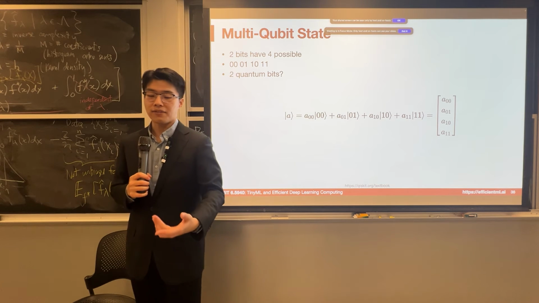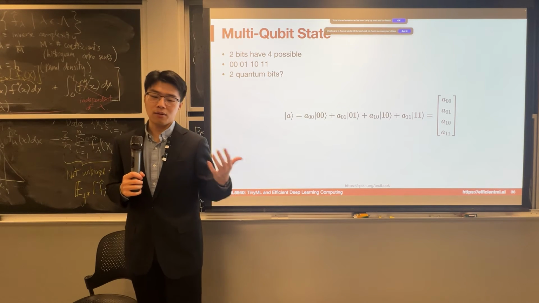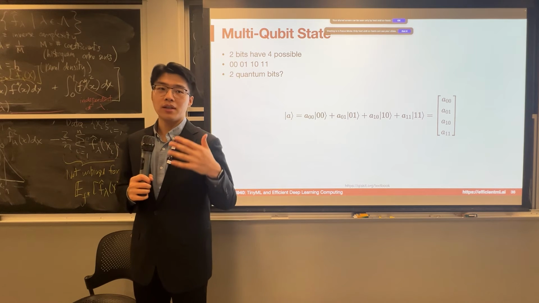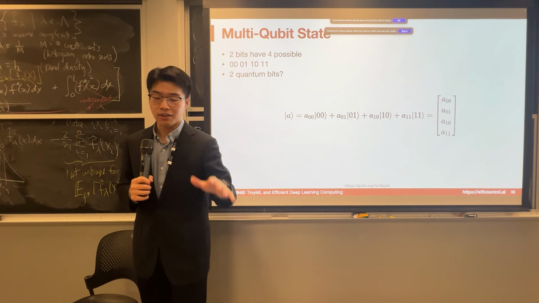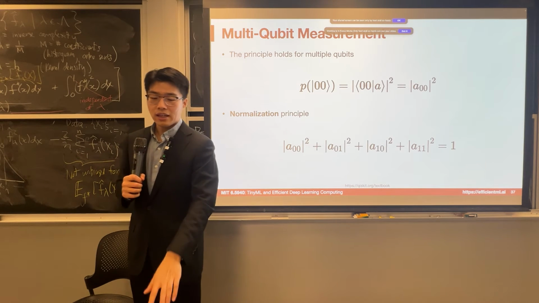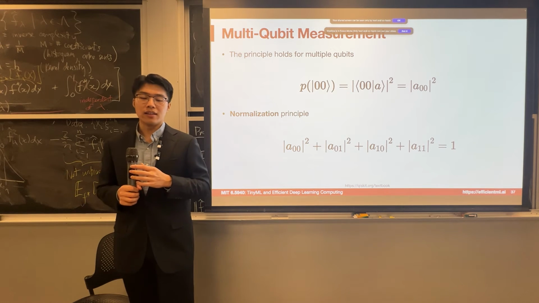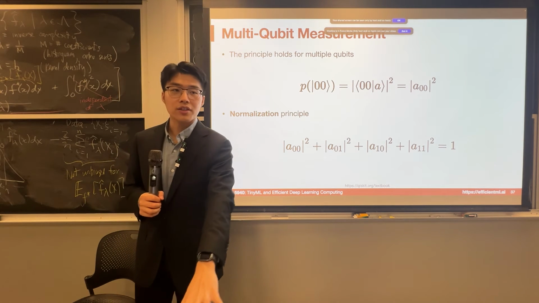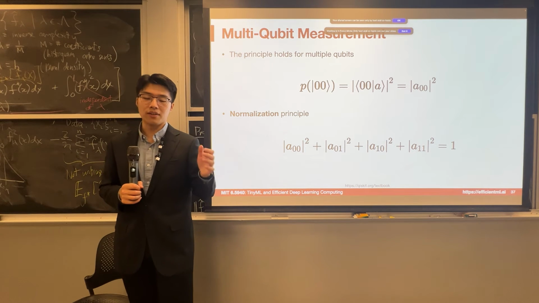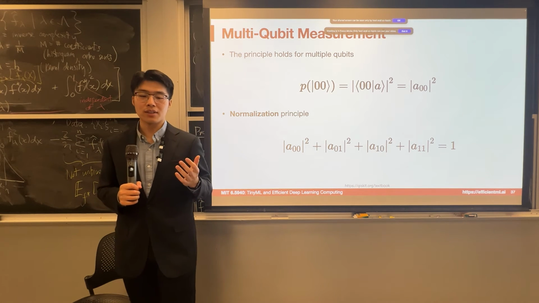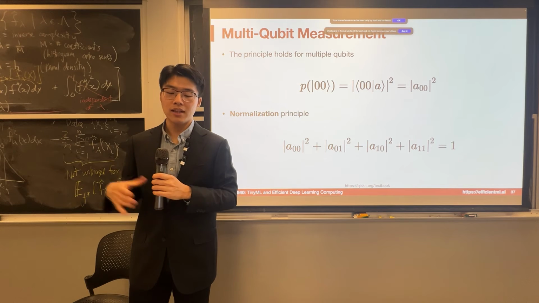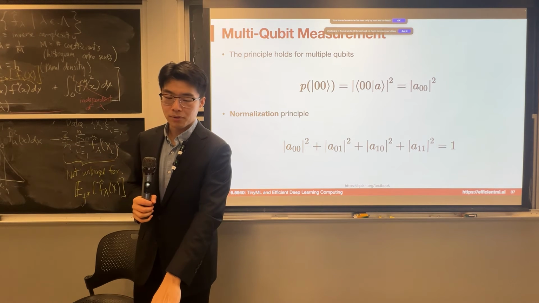The length of that is doubled, because now we have 4 possible parts to allocate the total energy. And another principle is that the squares of all of them should sum up to 1. That's the normalization principle that applies to all multi-qubit systems.